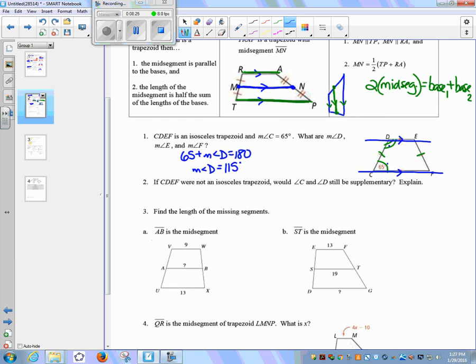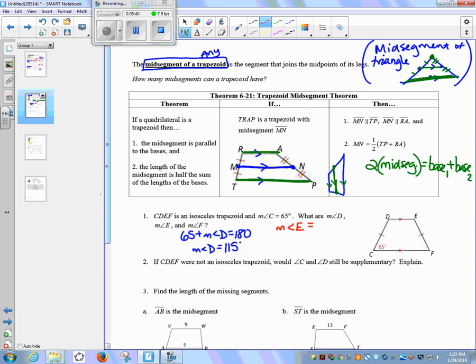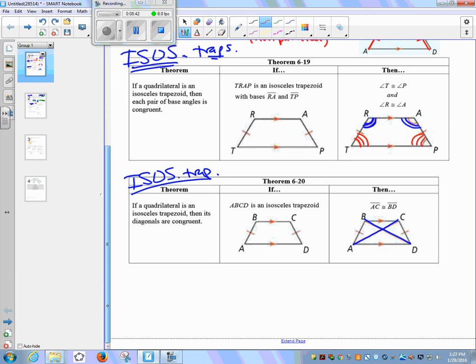All right, but then it asks us for the measure of angle E and F. Measure of angle E, well, we said in an isosceles trapezoid, based on this theorem, the pairs of base angles are congruent.